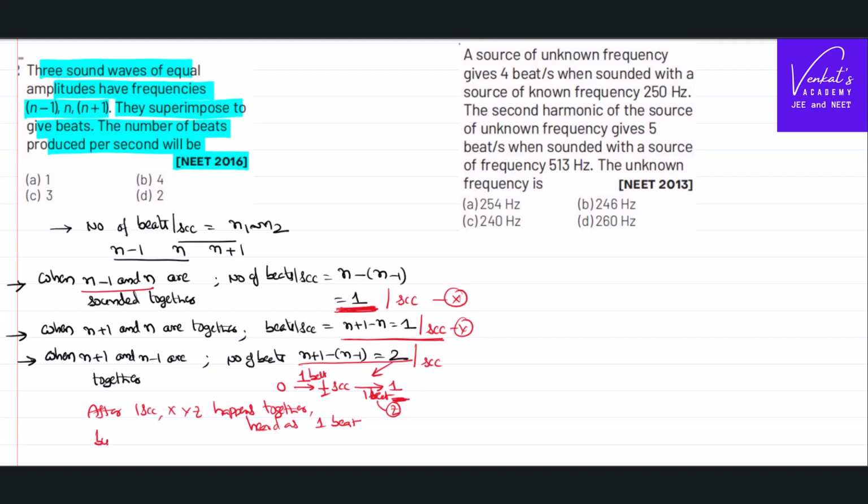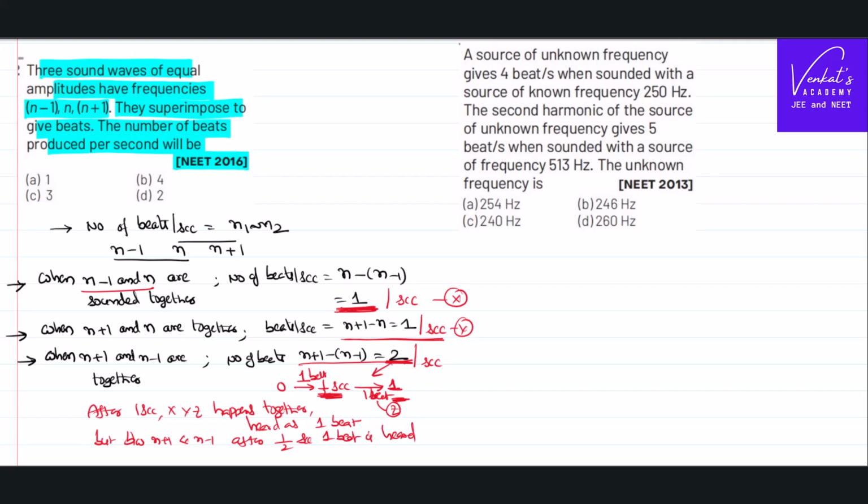But between n plus 1 and n minus 1, after half a second, as I have told, overall 2 beats per second. So after half a second 1 beat, after 1 second 1 more beat is heard. This is different.